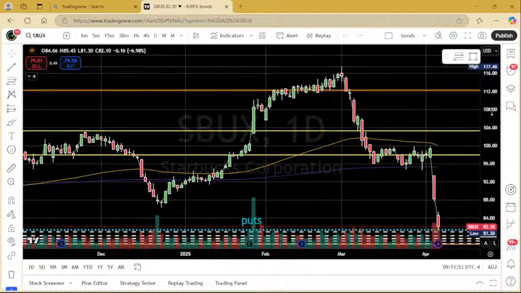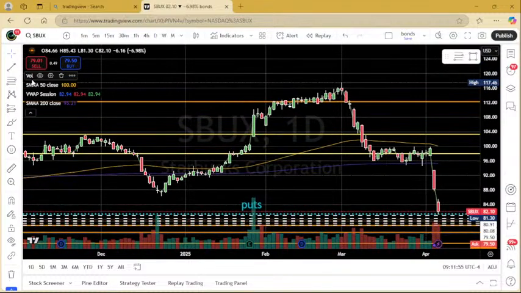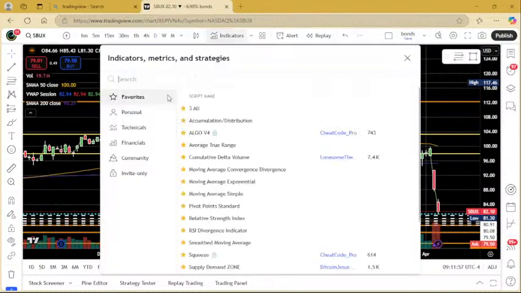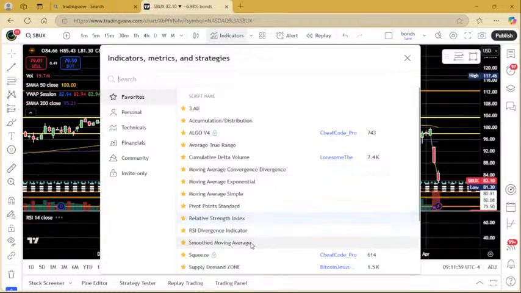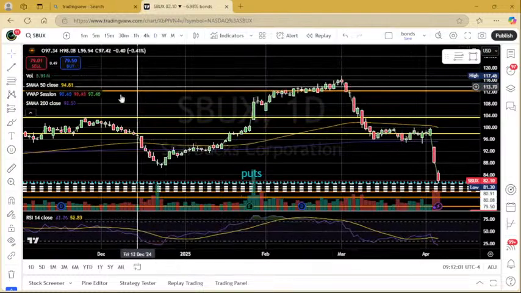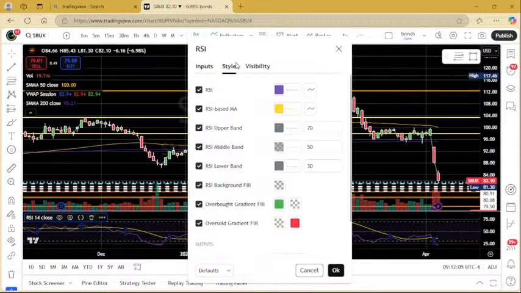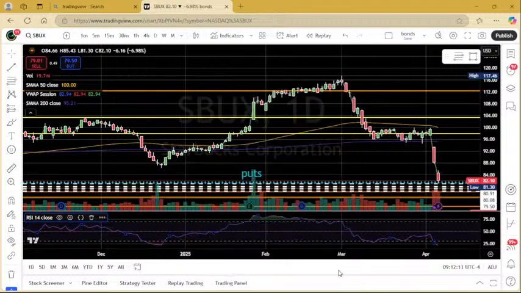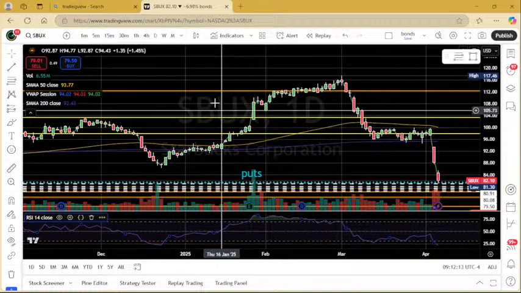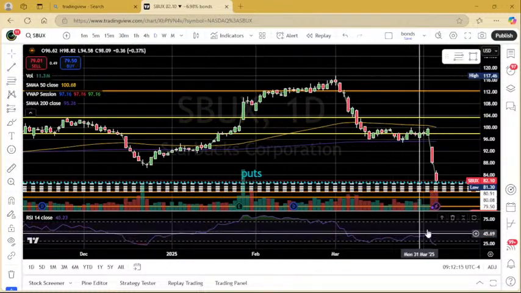This is our daily chart again. Indicator. Okay, for our side, we down. We oversold.